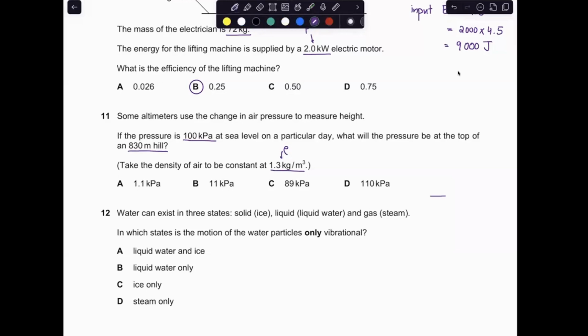So let's just draw a simple diagram. So P1 is right here. At sea level, we know it is 100 kilopascal. And then as we go some height to the top of the hill, we go 830 meters above. And some pressure here, we will call that P2.